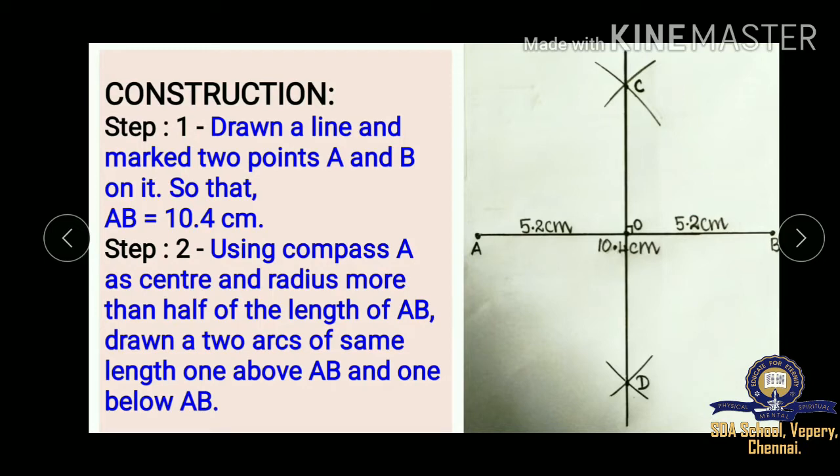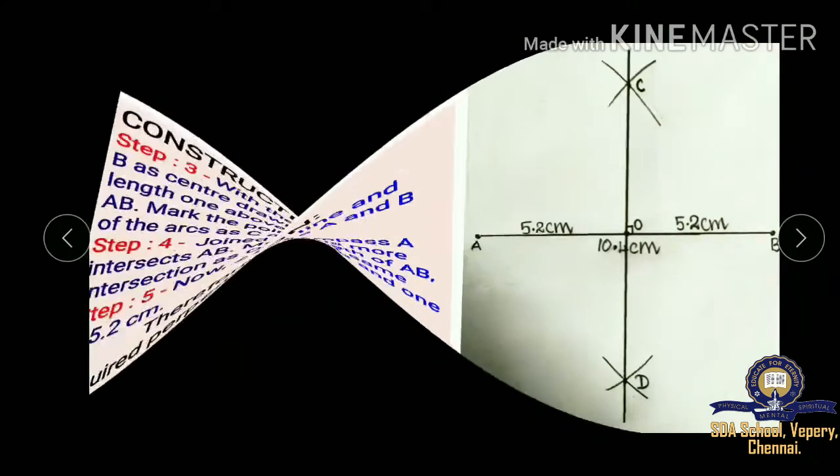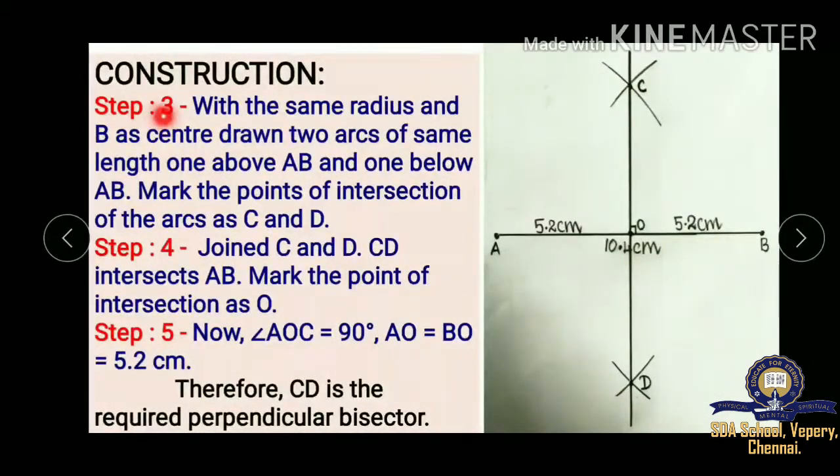Draw 2 arcs of the same length, one above AB and one below AB. Step 3: with the same radius and B as center, draw 2 arcs of the same length, one above AB and one below AB, and mark the points C and D.